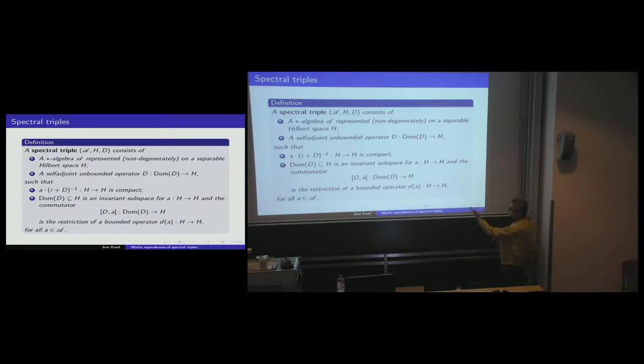And then the commutator of D and A makes sense on the domain of D as an unbounded operator. And this unbounded operator then has to extend to a bounded operator, which we call D of A. So that's the minimal definition of a spectral triple. And I will forget about grading operators at the moment.